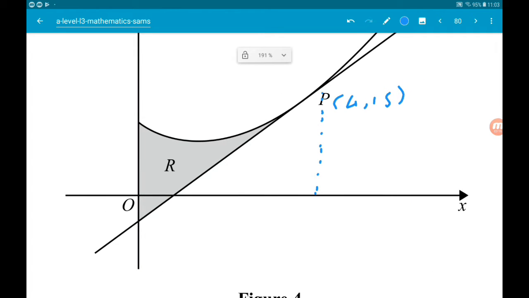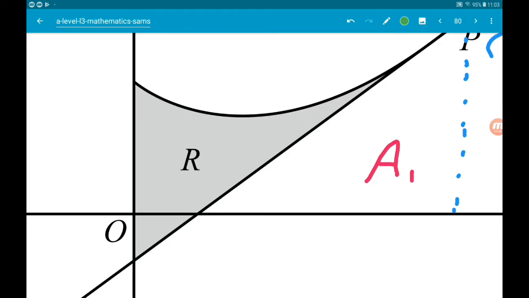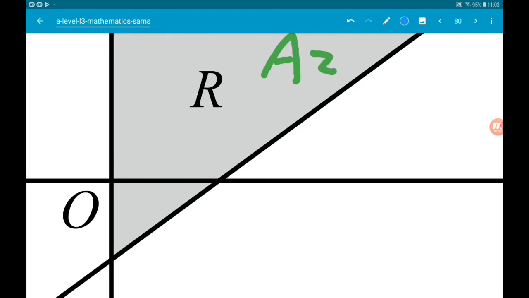So, I think, first of all, I'm going to do the integrating. Let's call these regions, we'll call the part that we don't want A1, then we'll call this part A2, and then we'll call the tiny little bit A3.